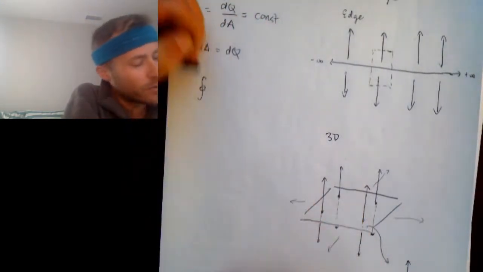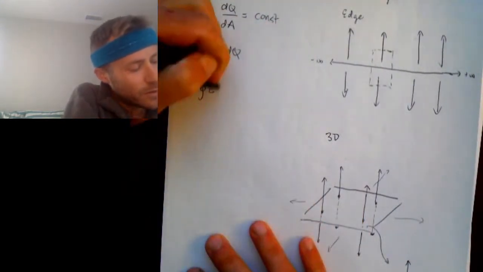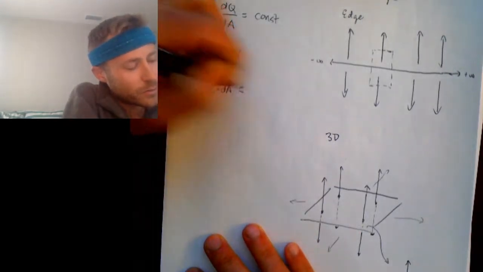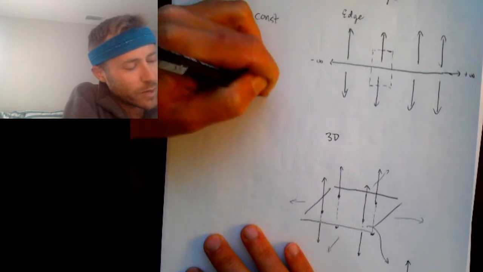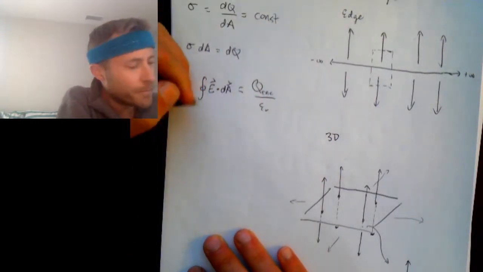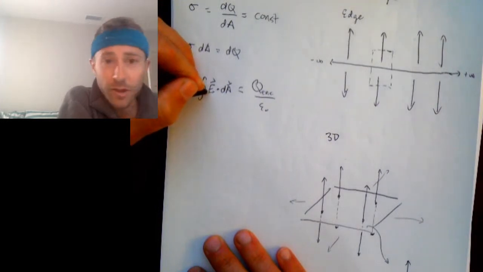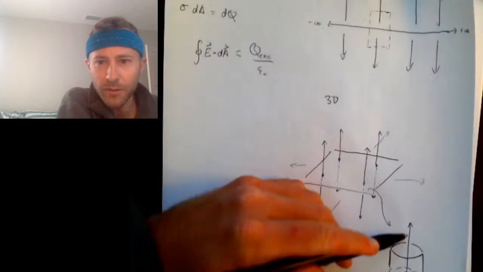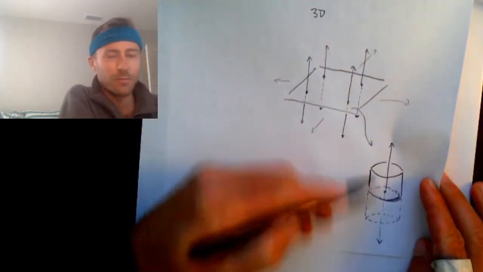So Gauss's law says that the flux integral is equal to charge enclosed over epsilon naught. Now, again, a cylinder has 3 faces. In this case, I'm going to call them top face, bottom face, and middle face.